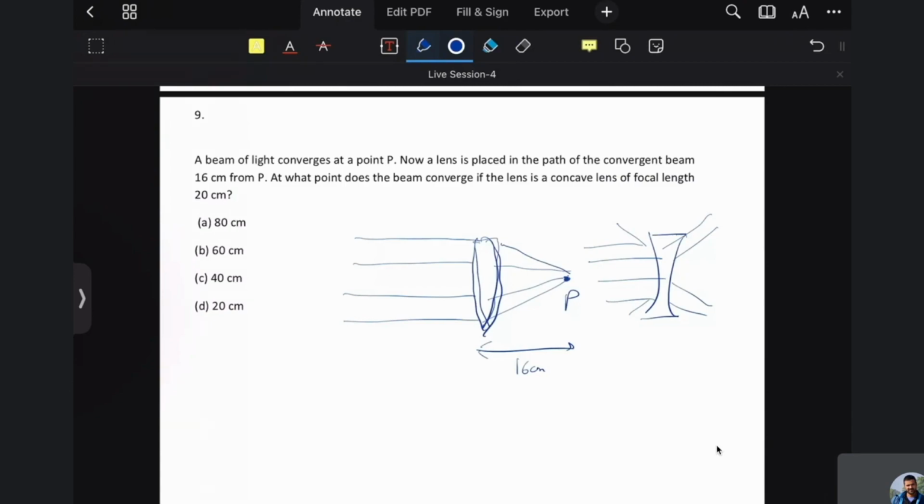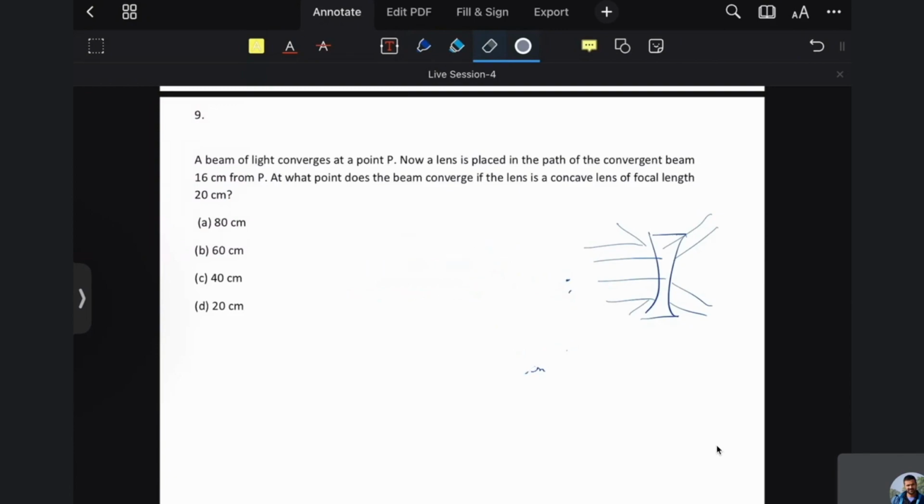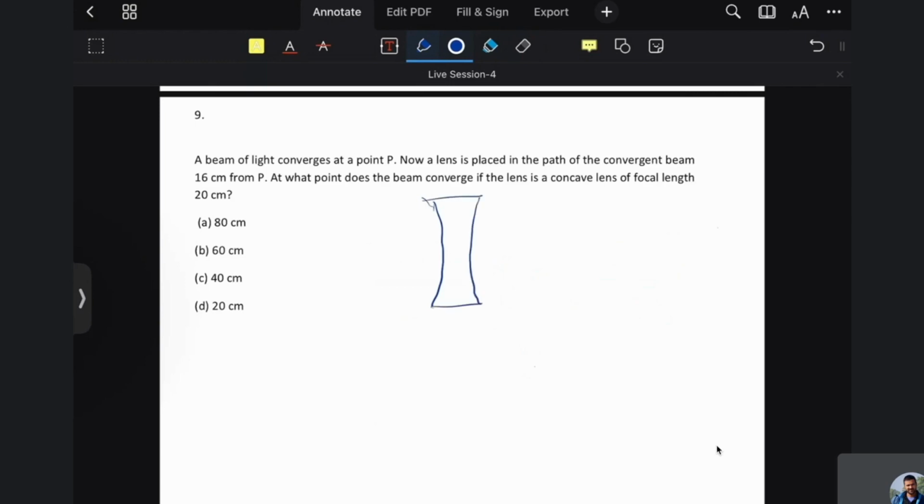Let me draw the ray diagram again. Let me clear this first. So a concave lens like this. Earlier we had a beam of light coming like this, when we didn't have the lens.